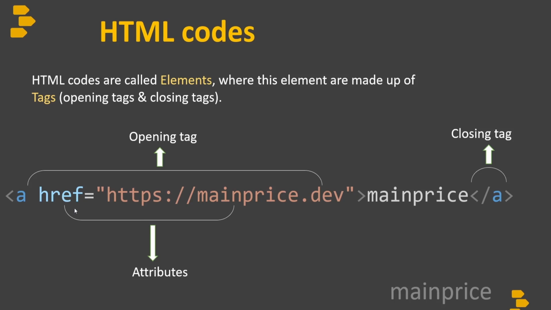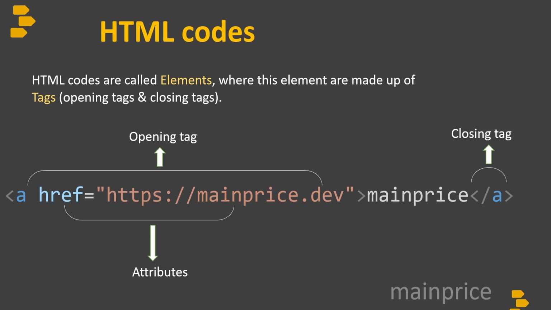The href is the name of the property of the attribute, and https colon slash slash MemPrice.dev is the value, right? So every attribute has a property and a value. In between, you write a word so that when you click, you can move to another page.